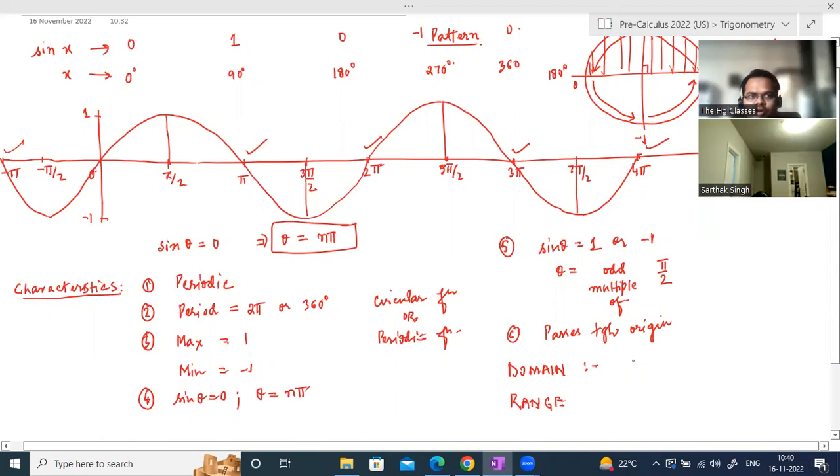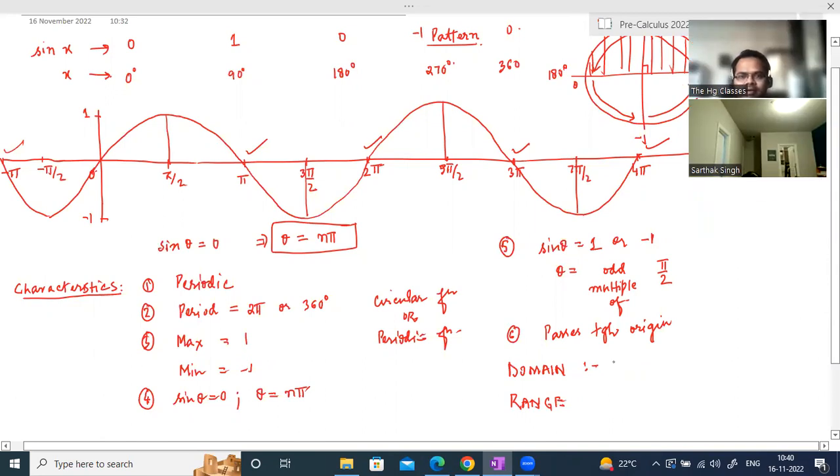For whatever values of x the function is defined, and we are seeing that it can take any value of x. So the domain is x belongs to any real number. The function is y equals sine x. This is our y-axis. This is our x-axis.